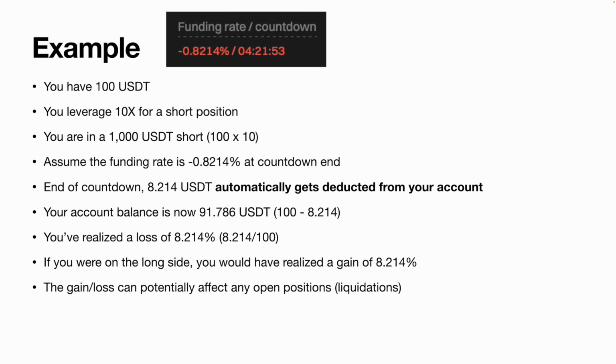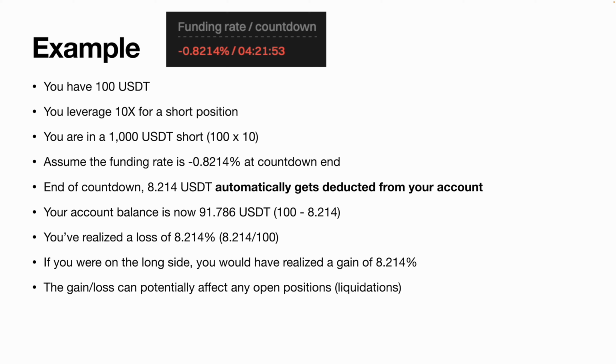So let's just say you have 100 USDT and you leveraged by 10x and entered a short position. This means that you are in a 1000 USDT short position. By the end of the countdown, assuming that this number is still the same, you would have to pay 8.214 USDT, which gets deducted out of your margin balance.